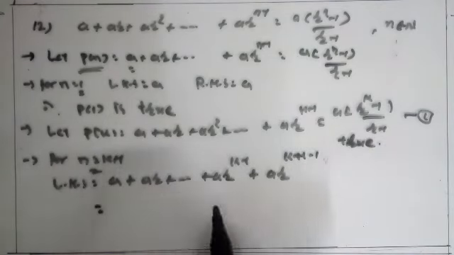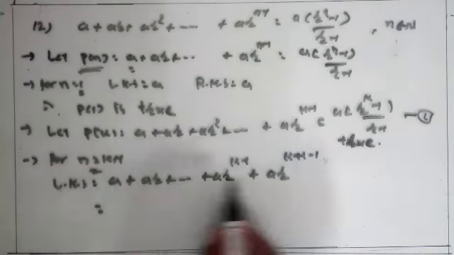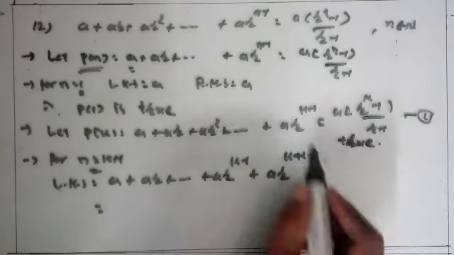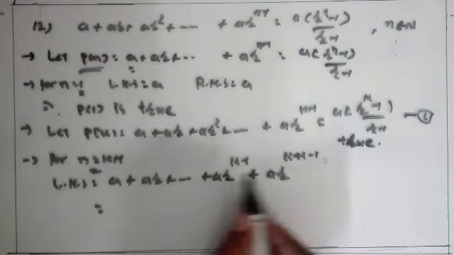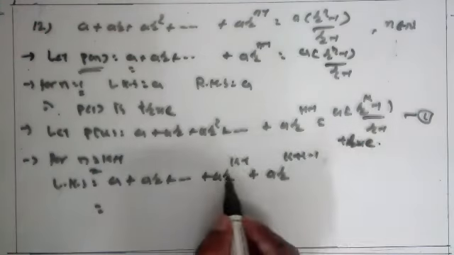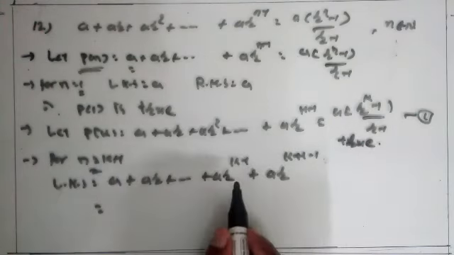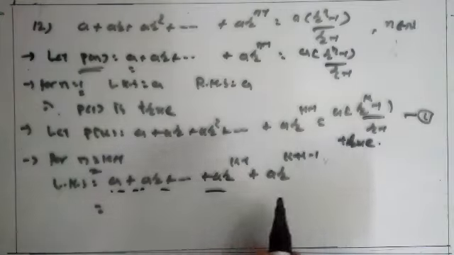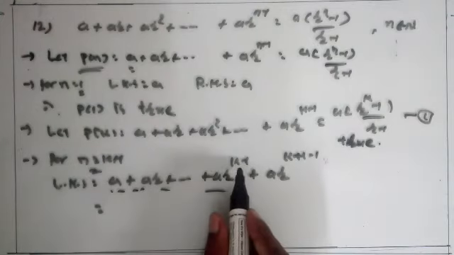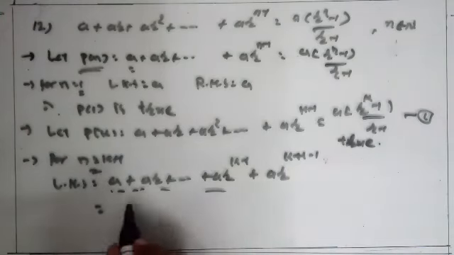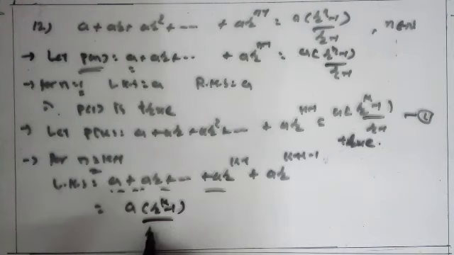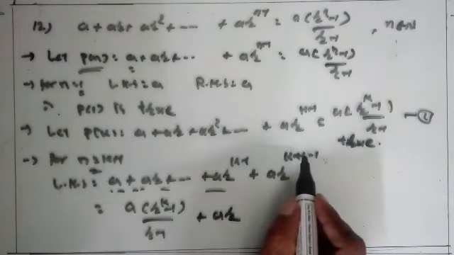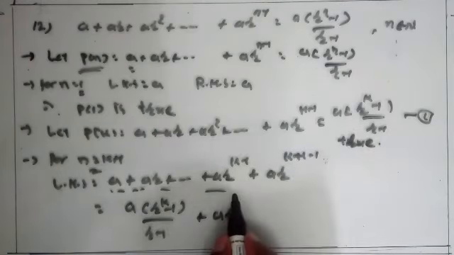We know the sum up to the first k terms, ending at ar^(k-1), is this. So a(r^k - 1) upon r - 1 plus ar^(k+1-1), the 1s cancel, so r^k.